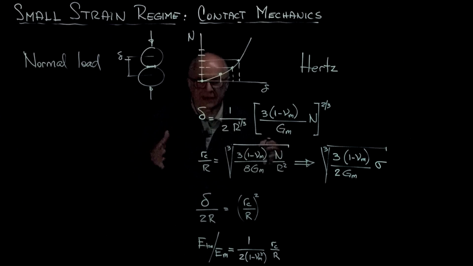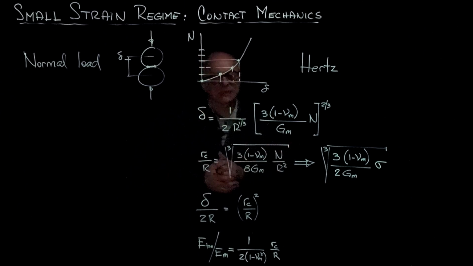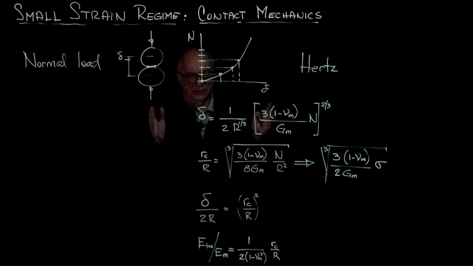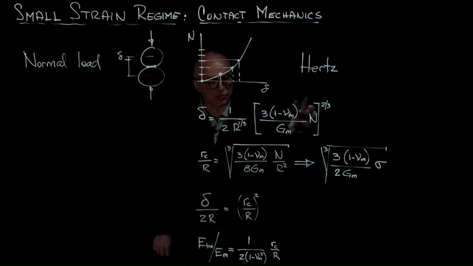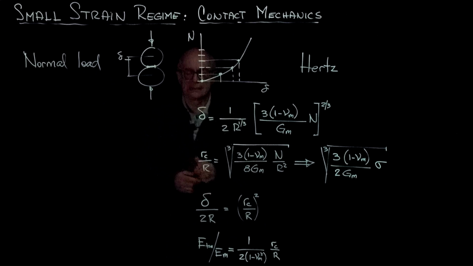Let's say in a simple cubic packing, diameter times diameter, 2 radius squared, is that square area that is actually loaded. So I could replace N by sigma times 4r squared. And now I begin to have a relationship between strain and stress for a Hertzian type behavior.